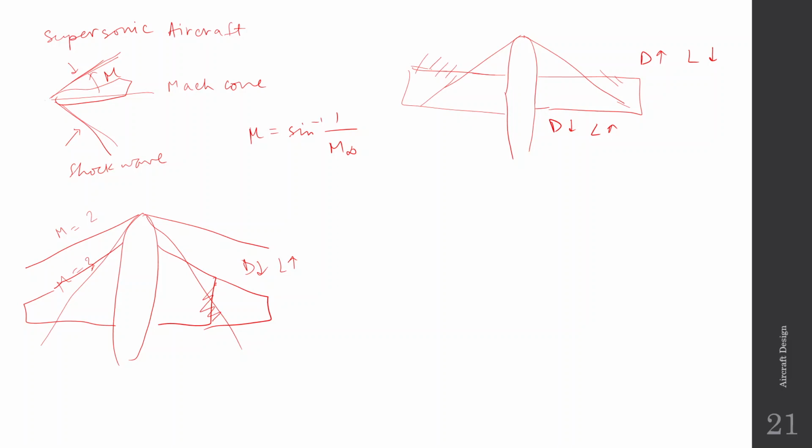Now I will quickly discuss wing taper ratio. You might have observed that in almost all aircraft, the wing is not plain like a rectangle.